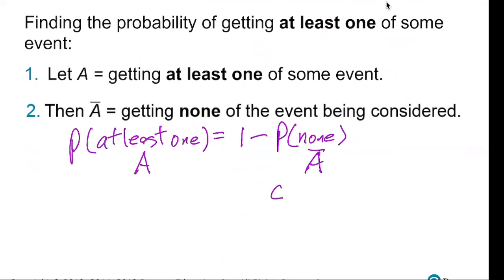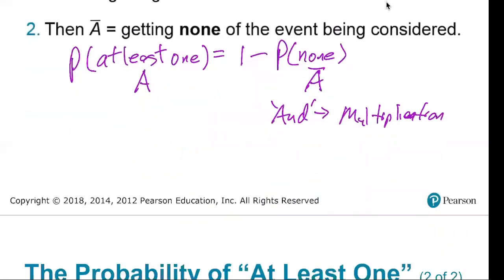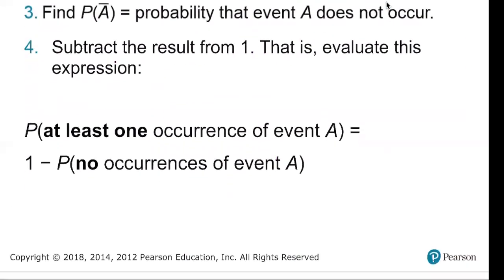And then here, we're going to use the and in multiplication, which will be evident when I do an example. This is what we just did. And this is how I start every one of these problems.